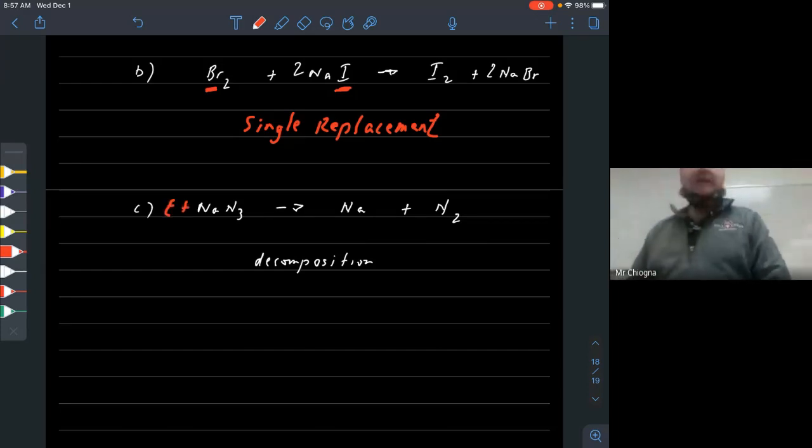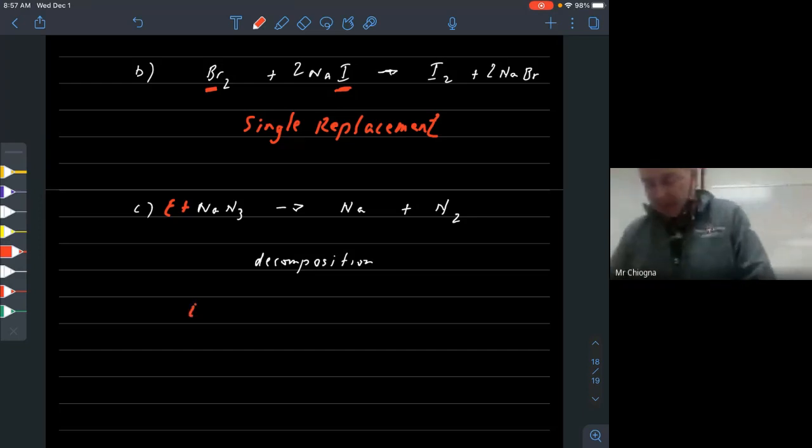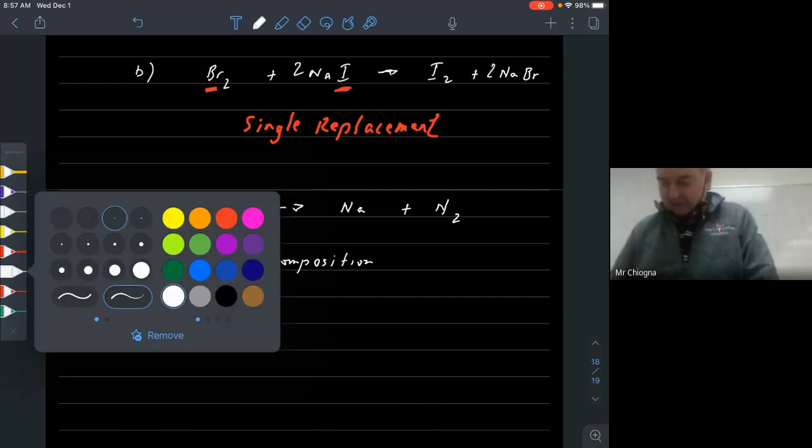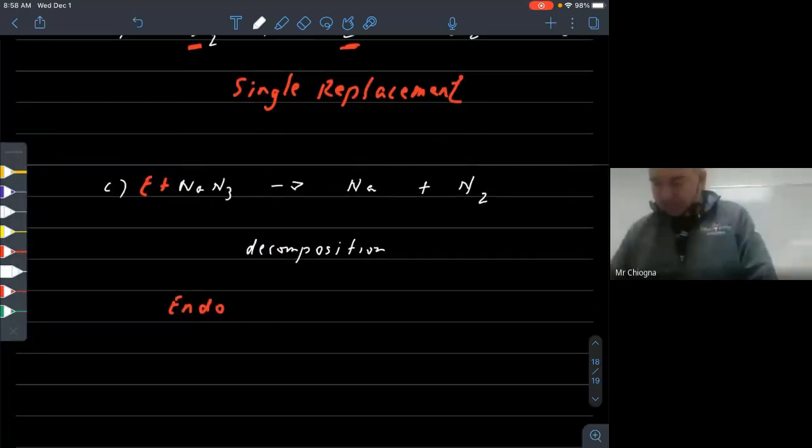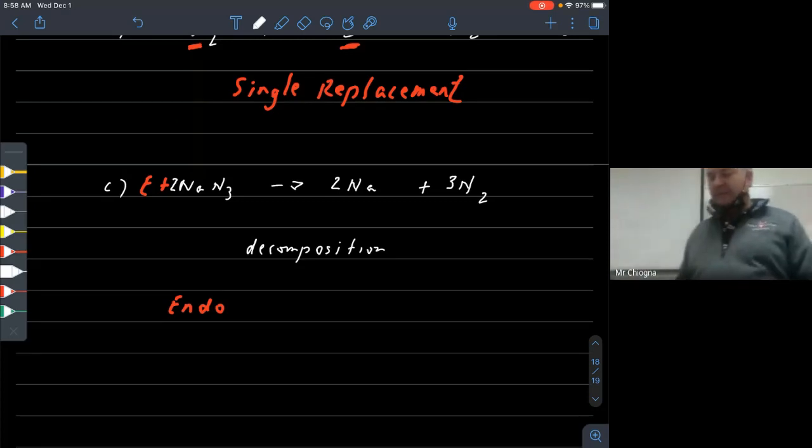That means you're adding energy to break it apart, which means it's endothermic. And balancing. I'll put a 3 there, 2 there, and a 2 there. That should balance it.